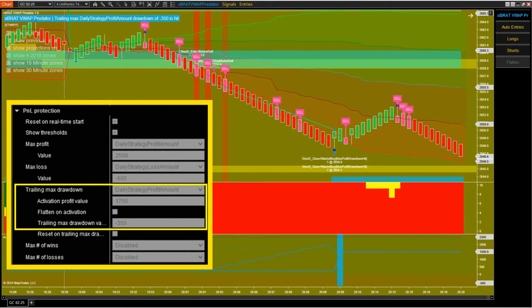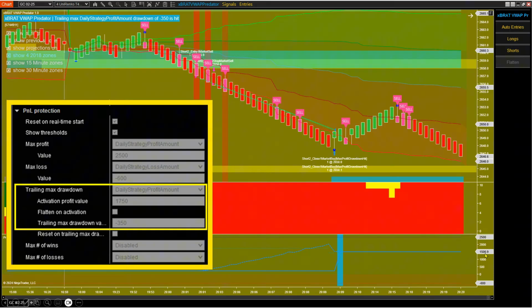All of a sudden we say, do you know what, if it then comes back by $350, we want to get it out, because we want to make sure that we're locking in profit, and we don't want to withstand any pullbacks because this is a momentum strategy. It needs to keep going. So in this case, we ended up taking $1,506.